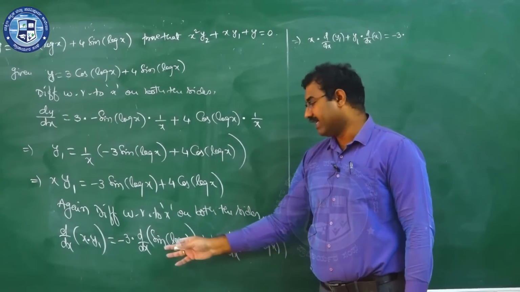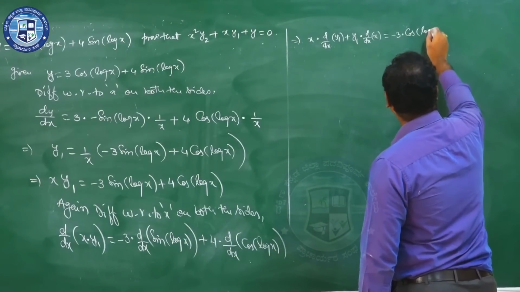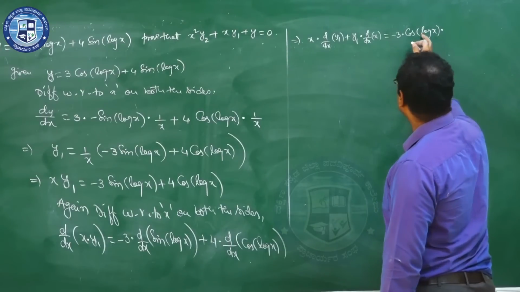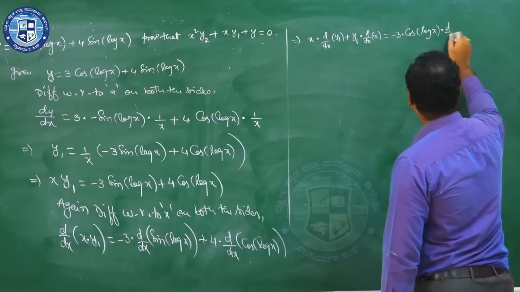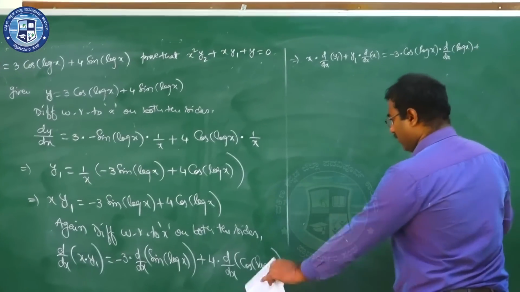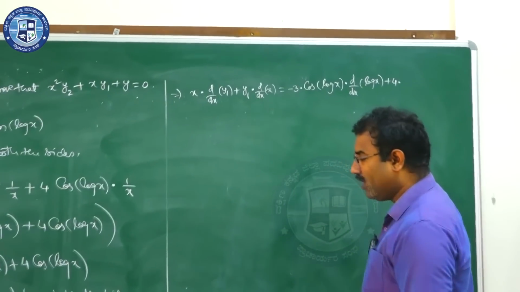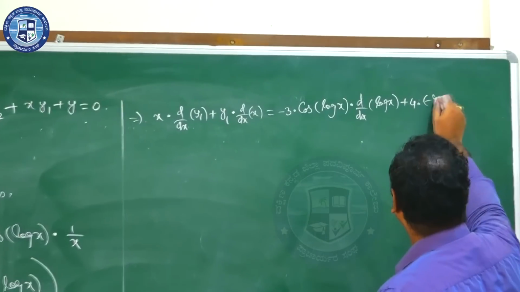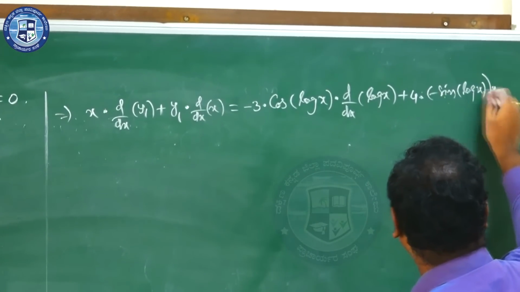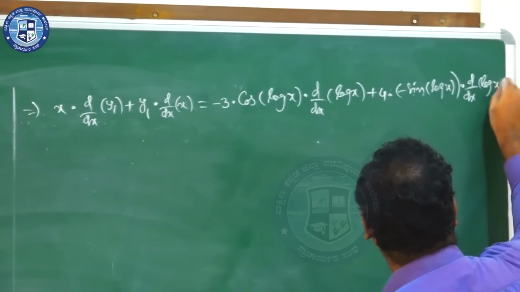Chain rule we are applying. d by dx of sin x is cos x. Is it really x? No. So, its derivative you need to consider. So, d by dx of log x, plus 4 into d by dx of cos x is minus sin x, minus sin log x into, because it is not x now, its derivative you have to consider. So, d by dx of log x.